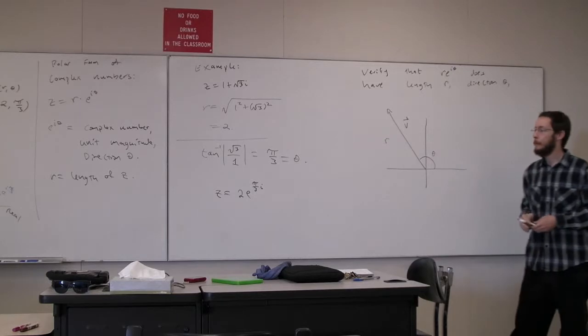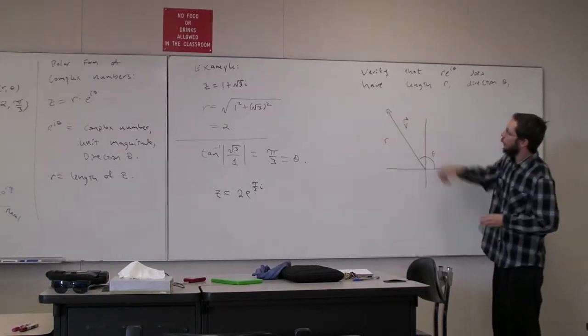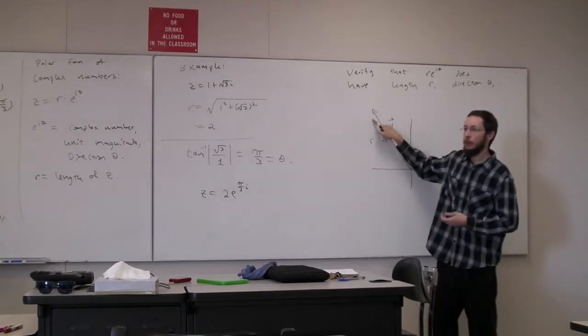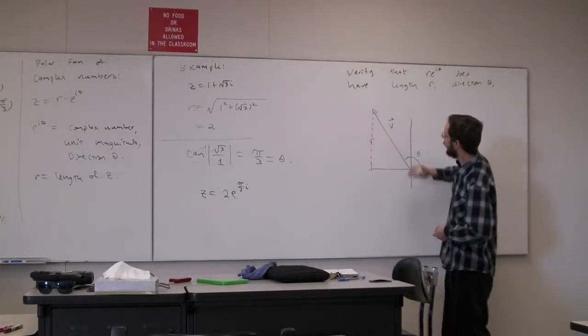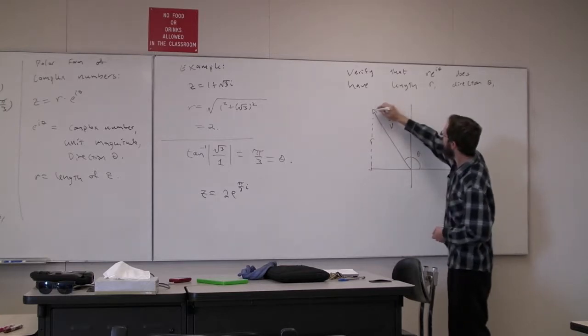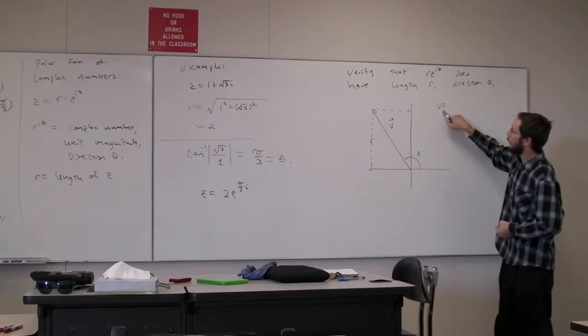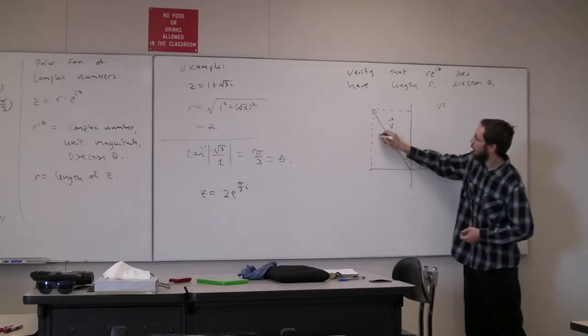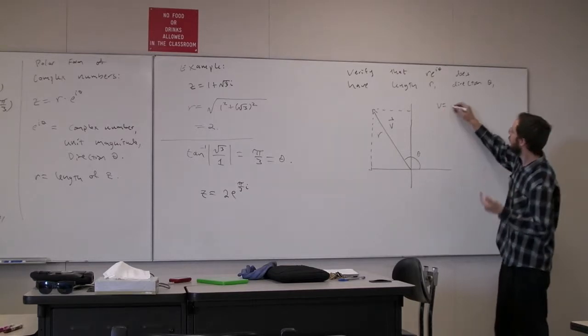Then just by basic trig, we can decompose this thing into an x direction and a y direction. We're assuming it has length r, and so we can think of v as r cos theta in the x direction.